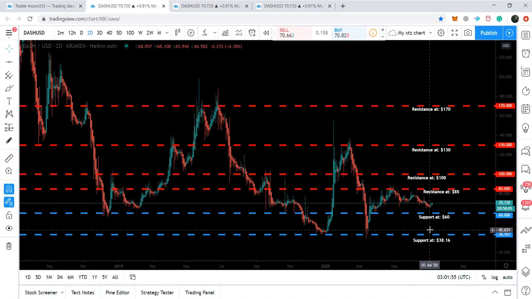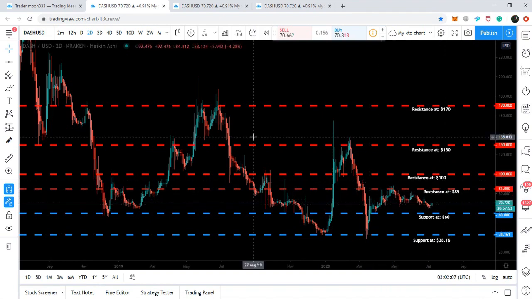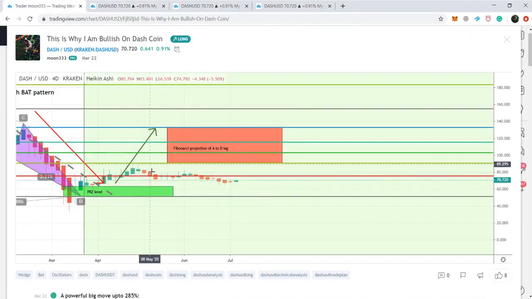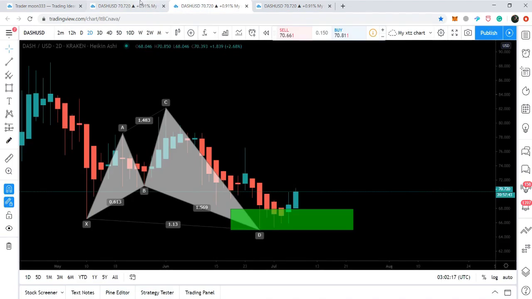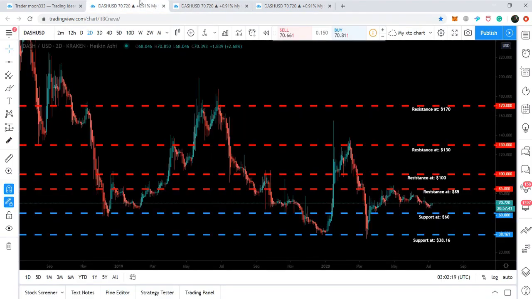As we can see, we have the last support at $38.16, then we have the support at $60, and the next resistance level at $85. When the price action was moving up, it hit this $85 resistance level and moved down. At this time, the price action is moving within the price range of $60 to $85.